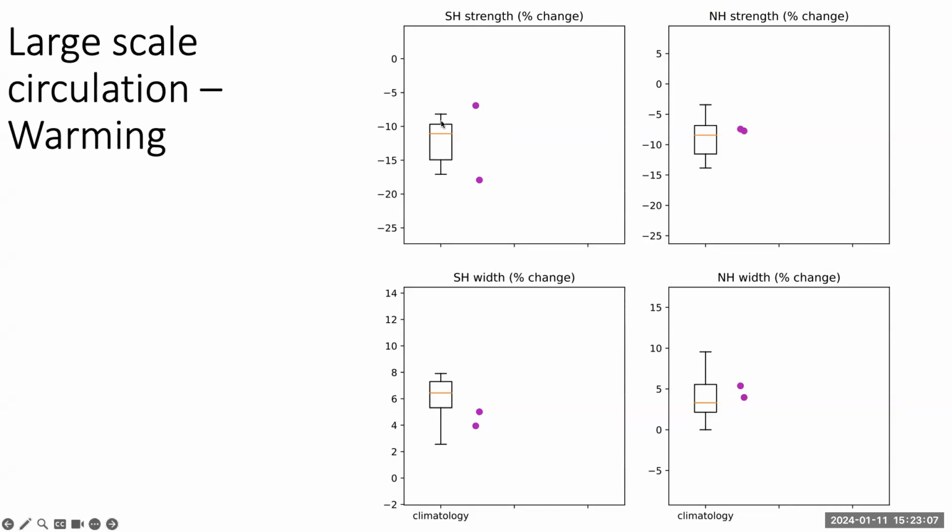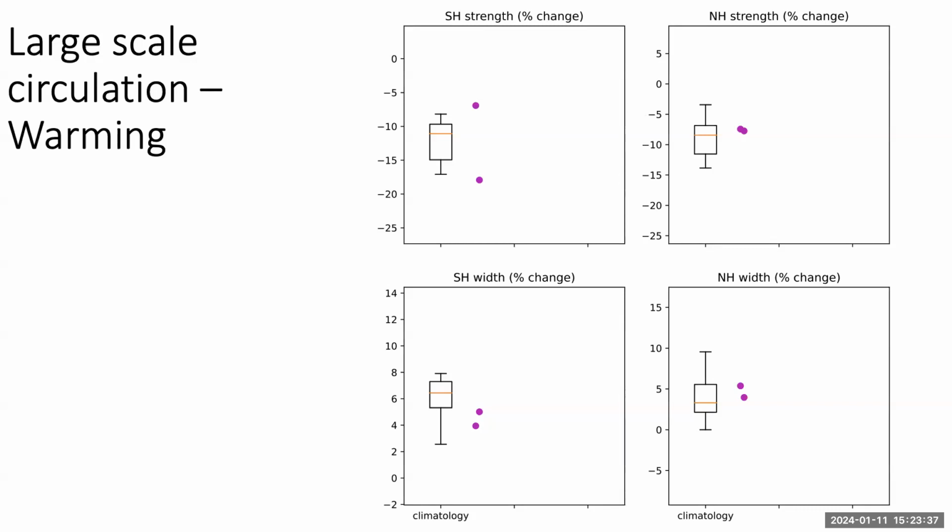What we are doing here is looking at how the climatology changes within the model, so this is percent changes. In most cases, the changes in the width are within the spread. Maybe here it's a bit outside, but if we're looking at the climatology and this is only a 1 year run, it's not a fair comparison.